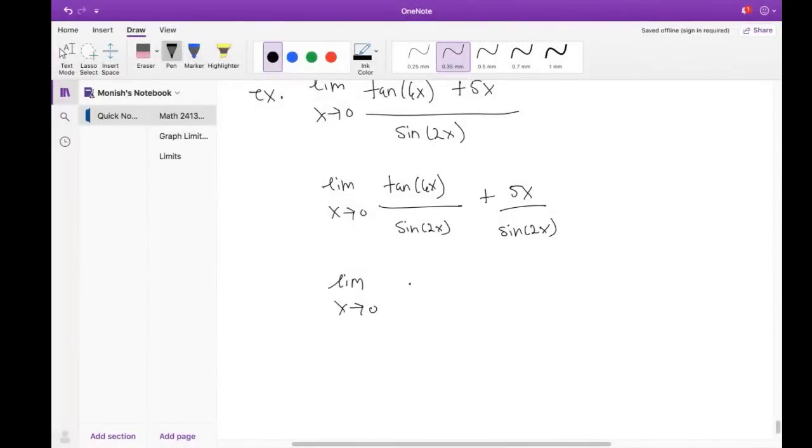So if I change tan to sine over cosine, that becomes sine of 6x over cosine of 6x, and I'll have my sine of 2x here also. And over here, I'll have 5x over sine of 2x.